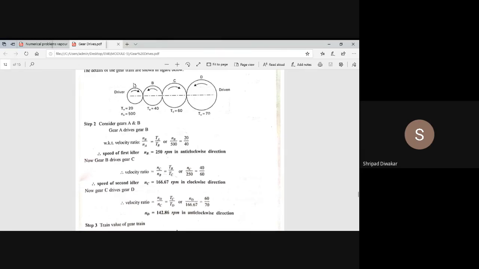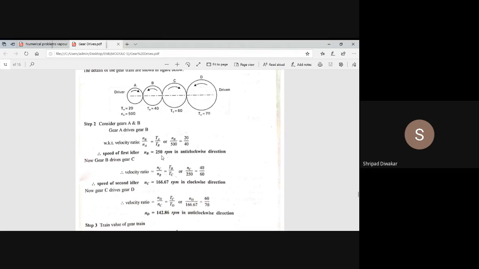NB we don't know, so put it as it is. NA, the speed of the first gear, is 500. TA, the number of teeth, is 20, and TB is 40. After substituting, the speed of the second gear, gear B, is 250 RPM.